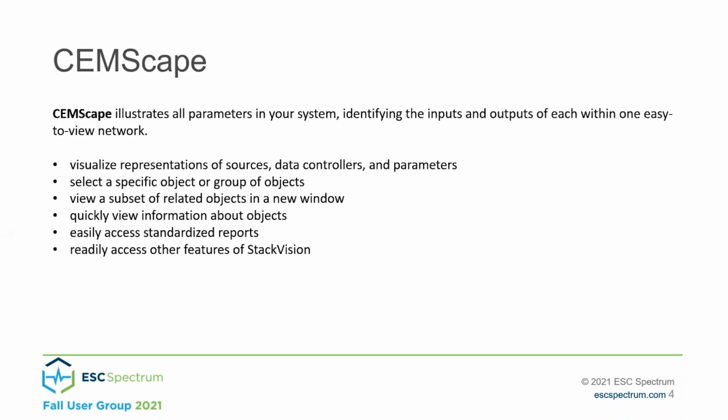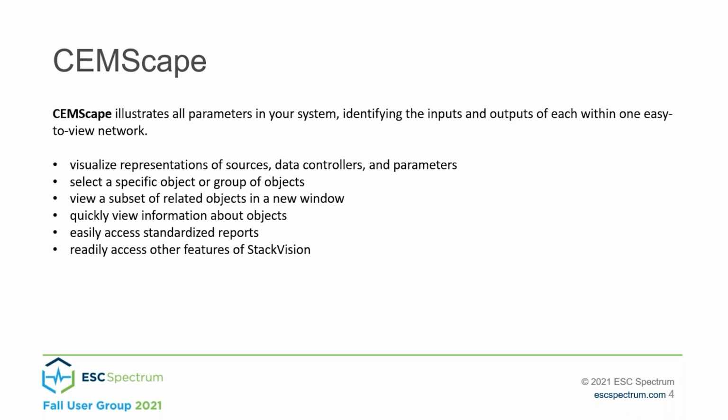So starting with SimScape, it illustrates your parameters in your system and identifying inputs and outputs with one easy to view network. So you have the ability to visualize representations of all your sources and data controllers. You can select a specific object, or you can click, hold, drag a box over info objects.